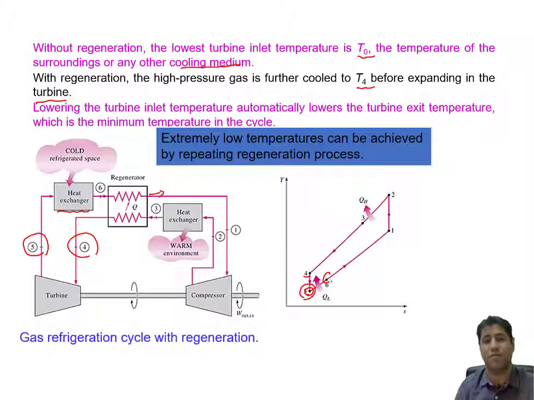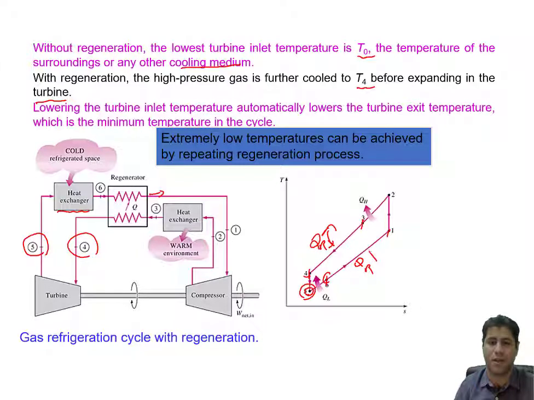Based on your information from previous chapters, especially related to the gas power cycle, you know that this amount of heat which is absorbed is this QR here. In this, QR is rejected.